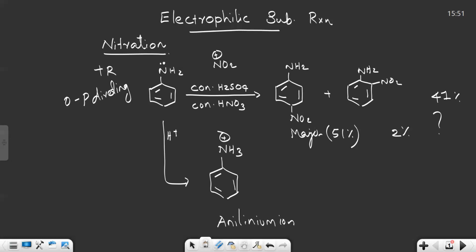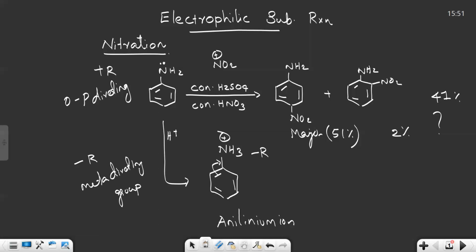Anilinium ion doesn't have any lone pair of electrons over nitrogen since it is already used to make a bond with the third hydrogen. So this compound is a minus R group. Minus R means it withdraws electron density from the benzene ring. So minus R groups are meta-directing groups.